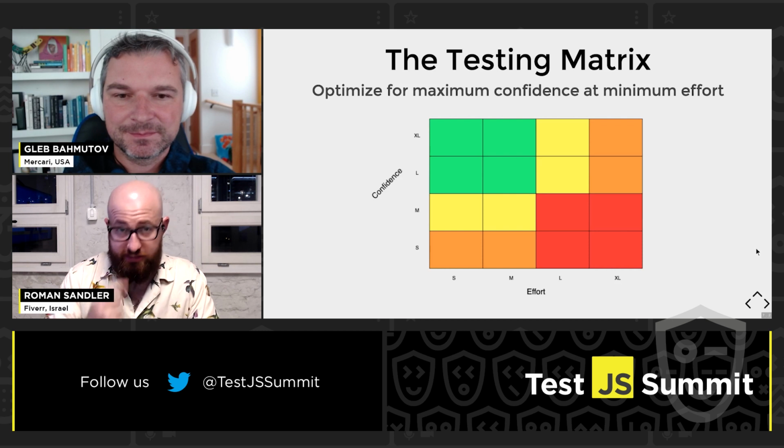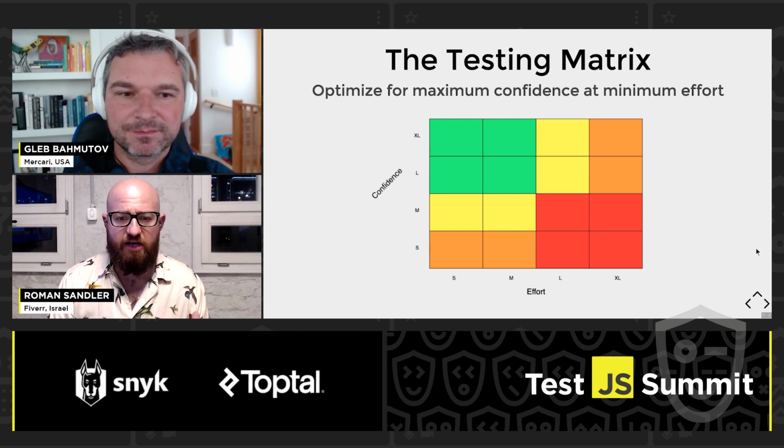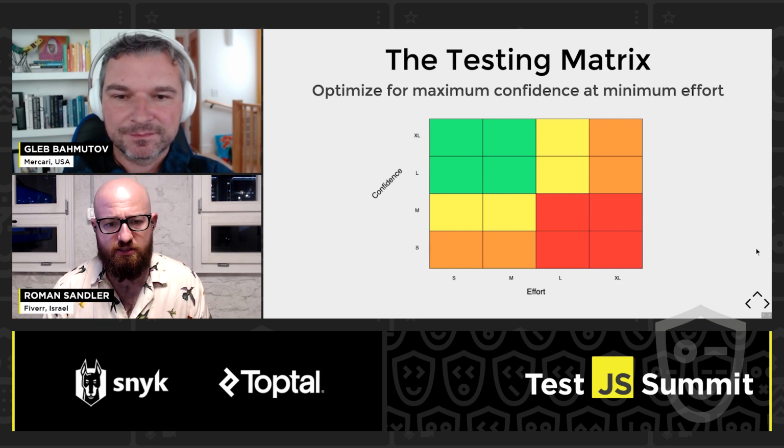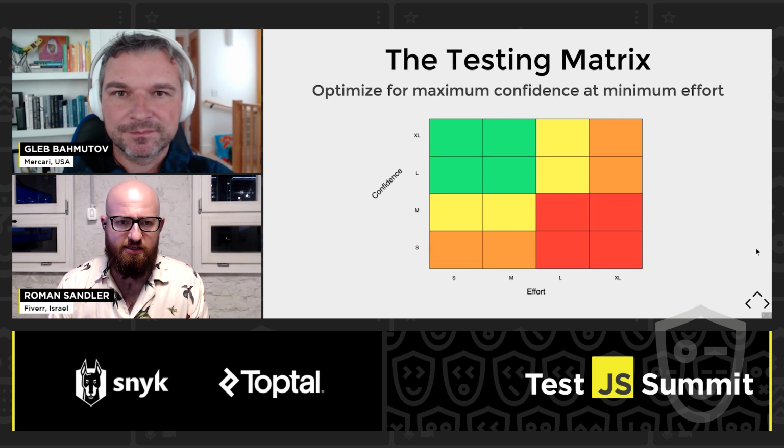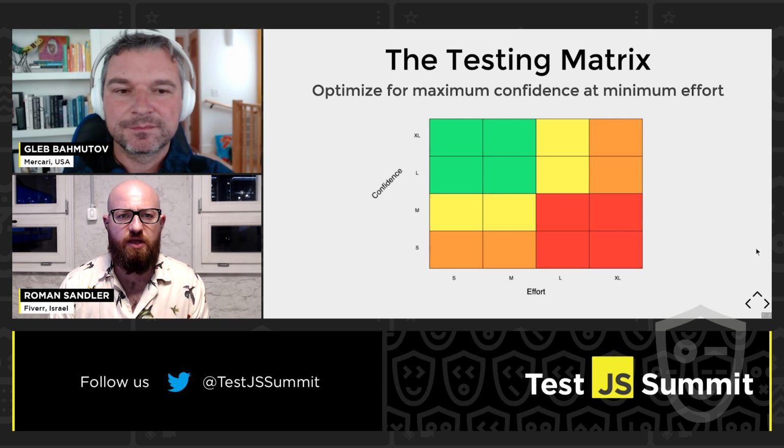So this matrix essentially has two axes, right? One is confidence, one is effort. And each of them is split into 4 parts: small, medium, large, and extra large. And the idea is that you cross-reference between the amount of effort you put in and the confidence you get, essentially, right?